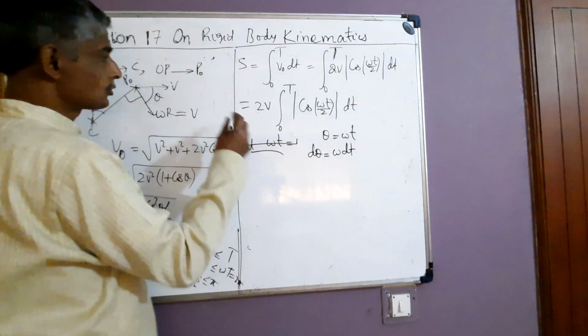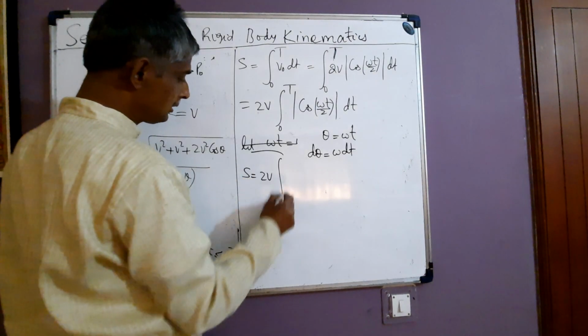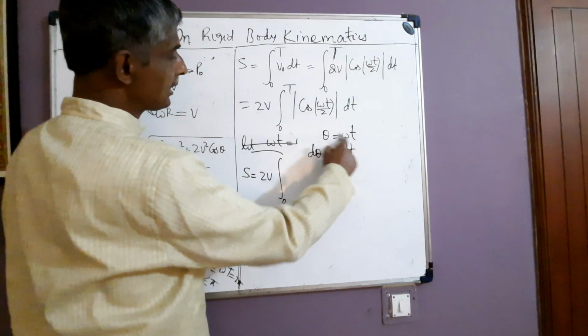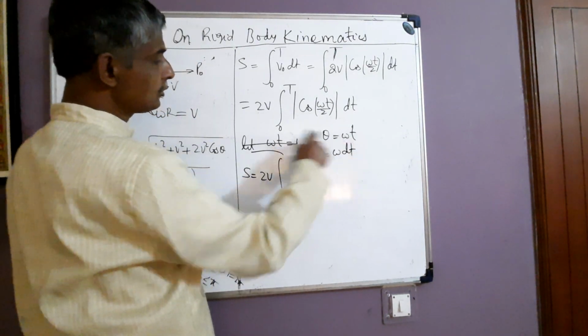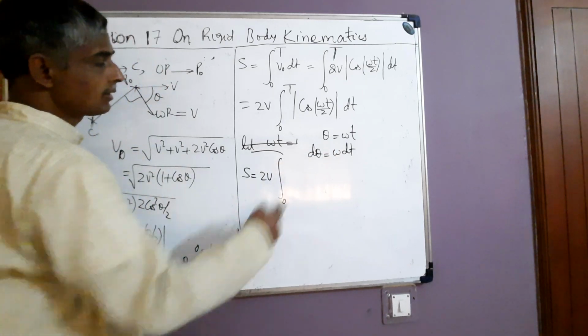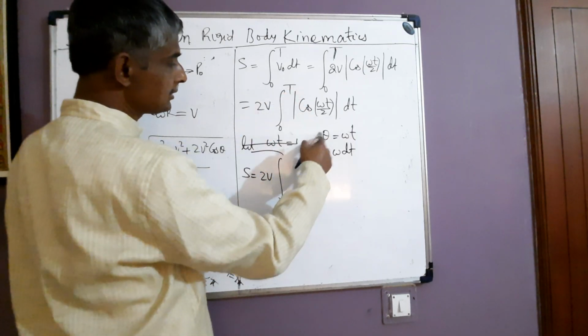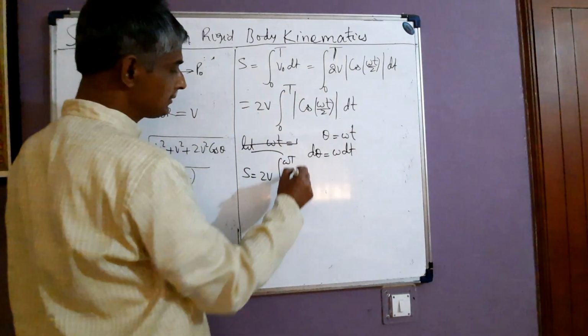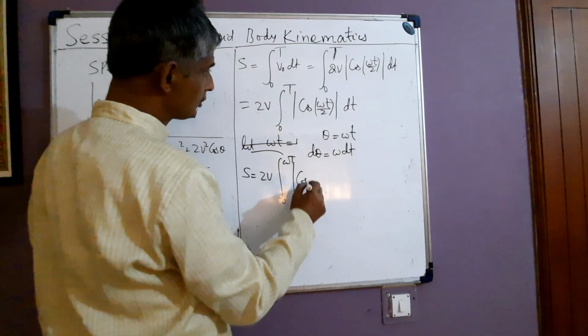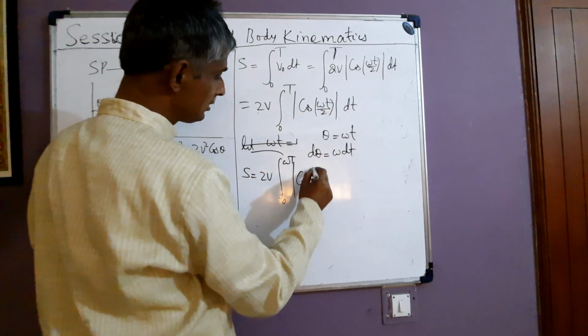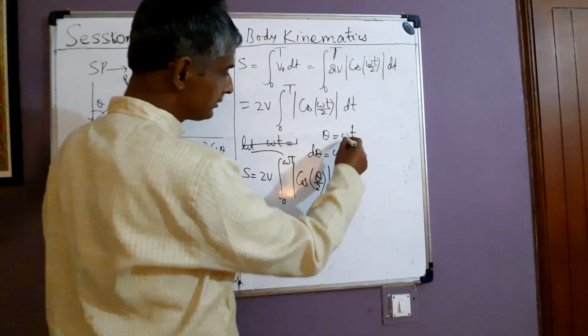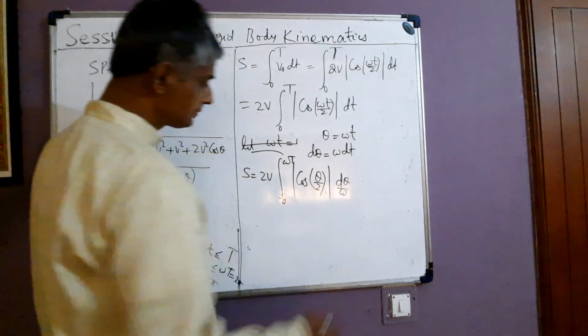Okay. So now S becomes 2v, integral 0 to where? The lower limit of t is 0, the lower limit of theta is also 0. Upper limit of small t is capital T, so upper limit of theta will be omega T. Mod cos theta by 2. dt becomes d theta by omega.